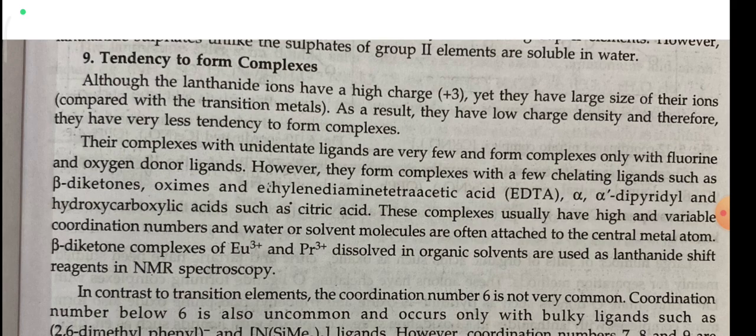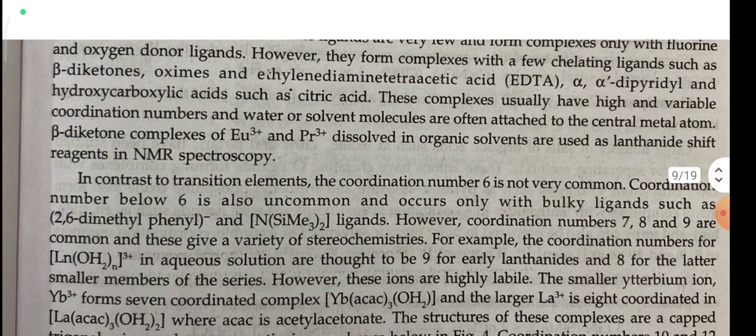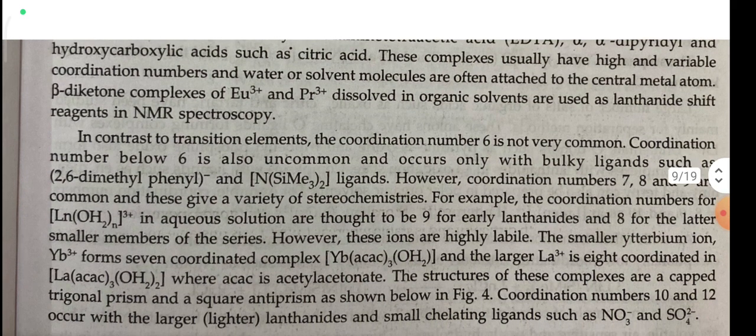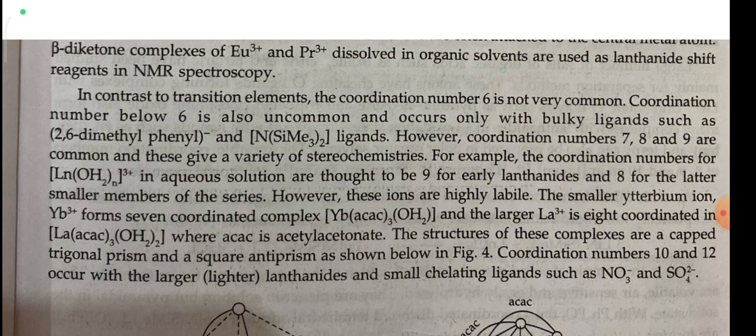In contrast to the transition elements, a low coordination number is not common. Coordination number below 6 is uncommon and occurs only with bulky ligands such as 2,6-dimethylphenyl and N(SiMe3)2 ligands. However, coordination numbers 7, 8 and 9 are common and give a variety of stereochemistries.